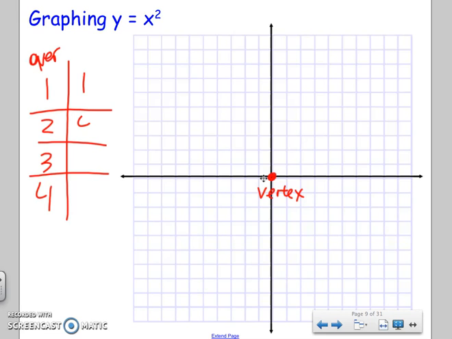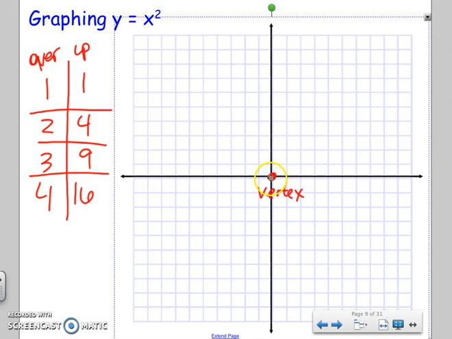And then you've got the 1, 4, 9, 16 for how far you go up. So what you're going to do from this vertex is go over 1, up 1. But you're going to do the exact same thing on the left, over 1 and up 1. Okay? And then you're going to do it again. So you're going to go over 2 and up 4. So go over 2, up 1, 2, 3, 4.